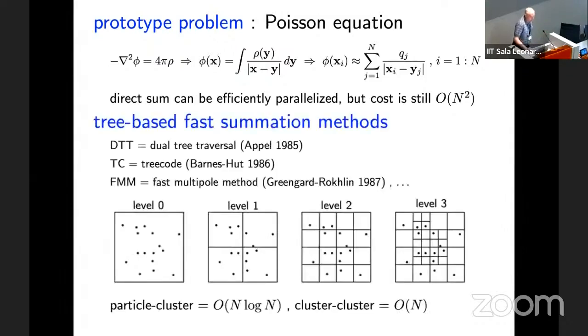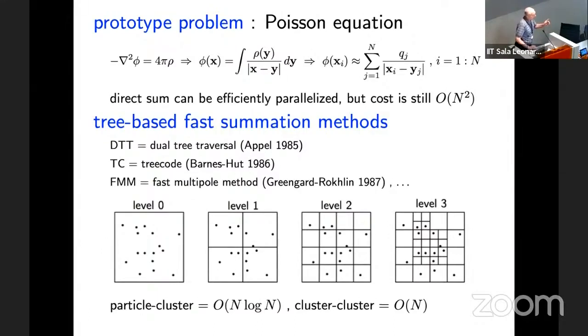And so just to tell you a little bit about it, I choose to work with these tree-based fast summation methods. The DTT, which stands for dual tree traversal, was introduced in 1985. So there's a tree of target clusters, there's a tree of source clusters, and the clusters in each tree interact with each other. The tree code was developed by Barnes and Hut in '86.